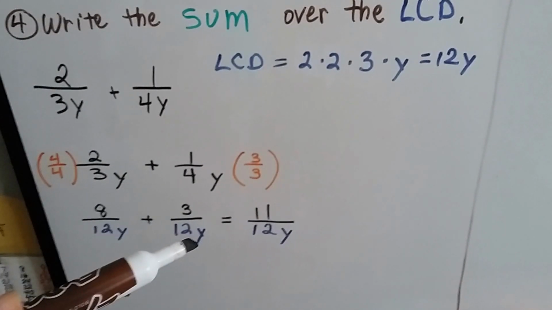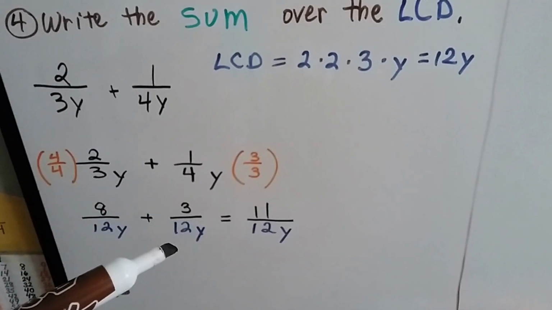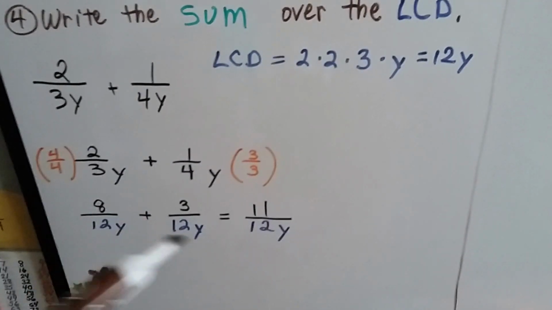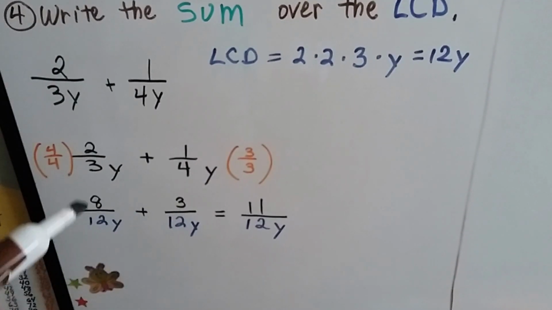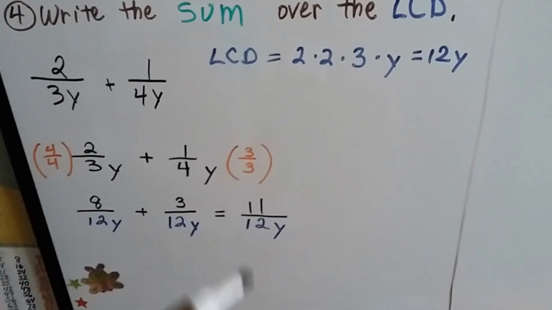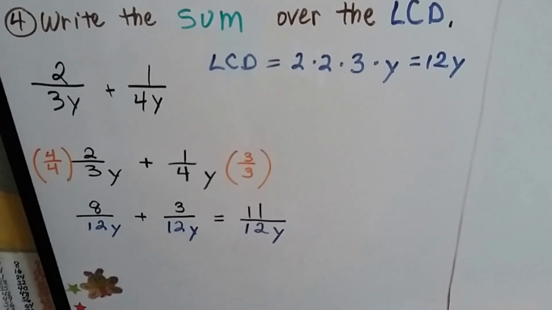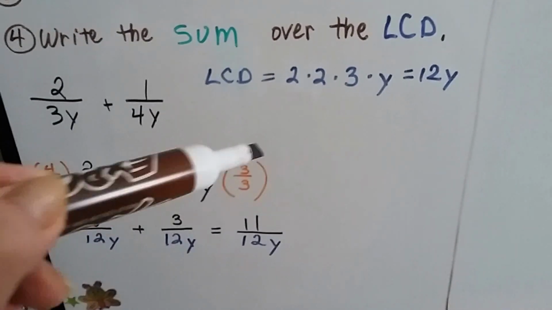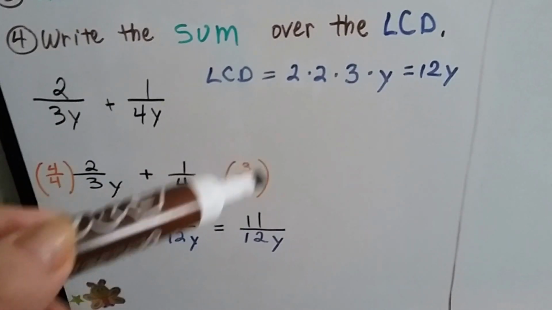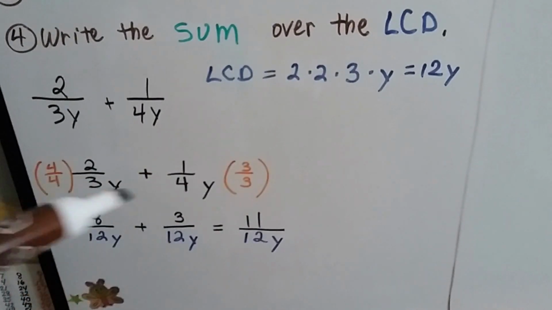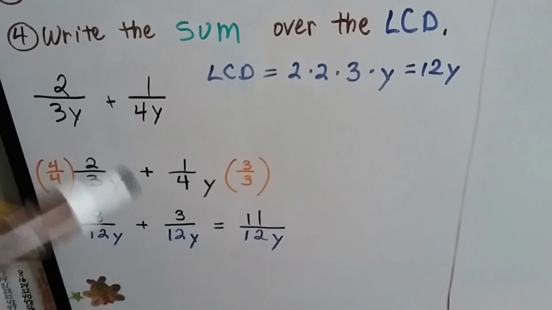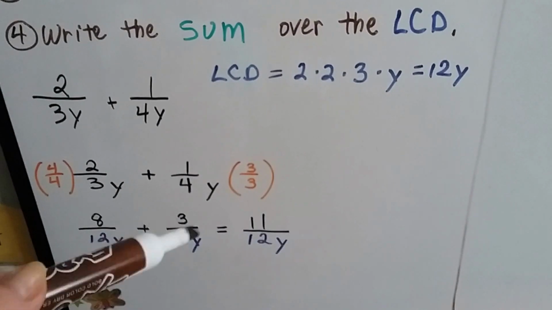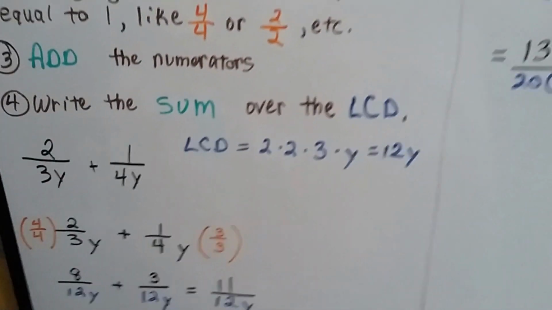And it's the least common denominator between the 3y and the 4y. So now we can add them because the denominators are the same. So 8 plus 3 is 11. We got 11 over 12y. See? So we just need to find something that's equivalent to 1 to multiply one or both of the rational expressions so that we can get the denominators to be the same, all right?